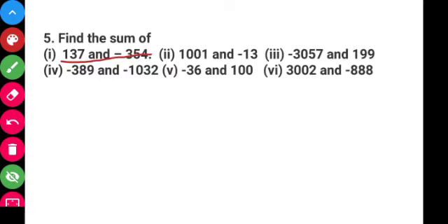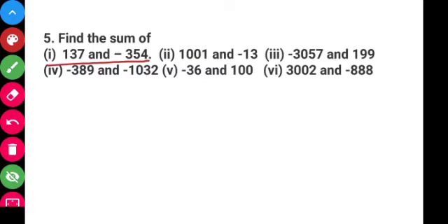If their signs are the same, then we add and put their sign, and if their signs are different, then we subtract and put the sign of the bigger number.